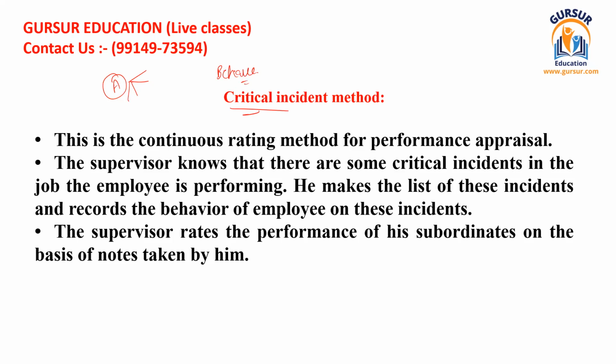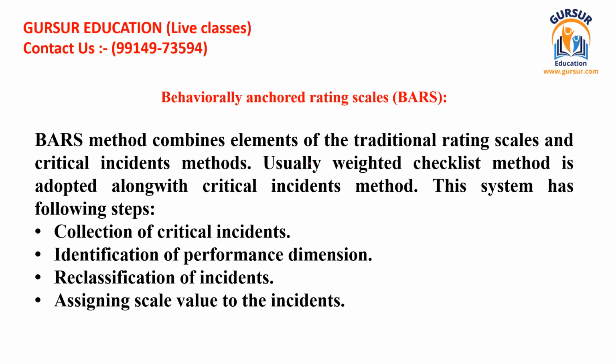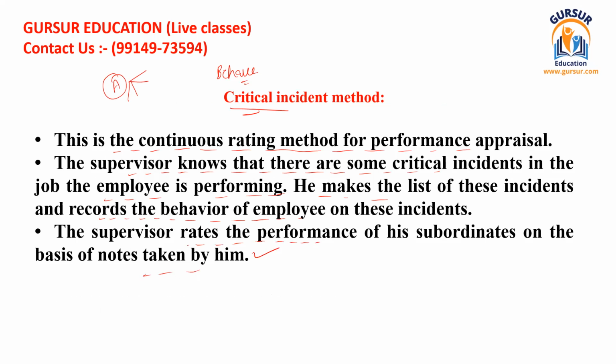That behavior is recorded by the manager, and on the basis of that recorded behavior his performance is appraised. So this is a continuous rating method for performance appraisal. The supervisor knows there are some critical incidents in the job. He makes a list of these incidents and records the behavior of the employee. Then the ratings are done on the basis of notes taken by the manager. So that was all about the critical incident method.